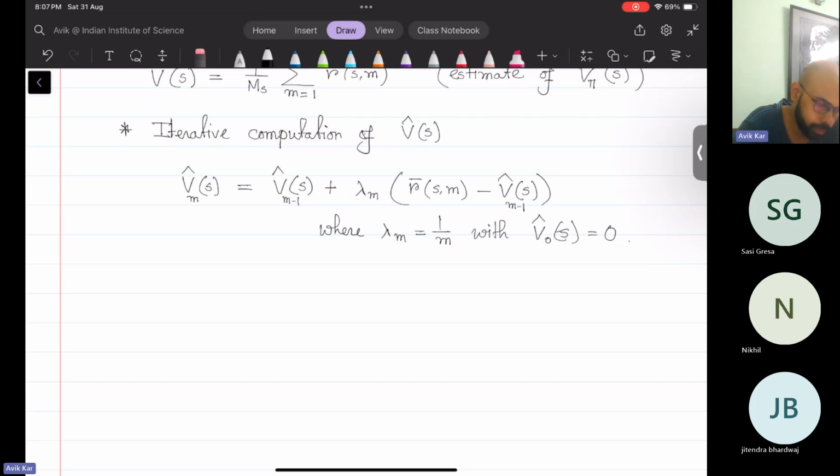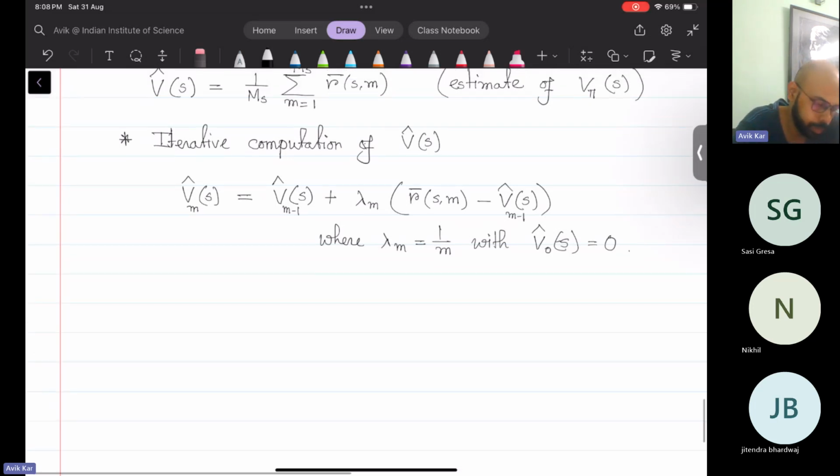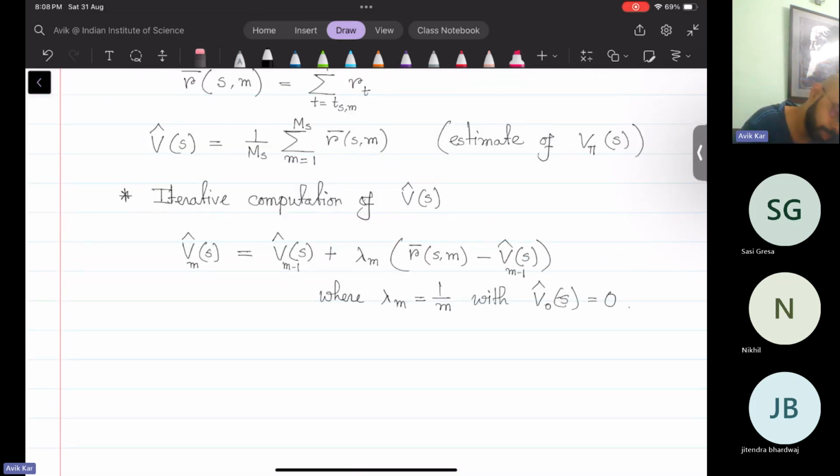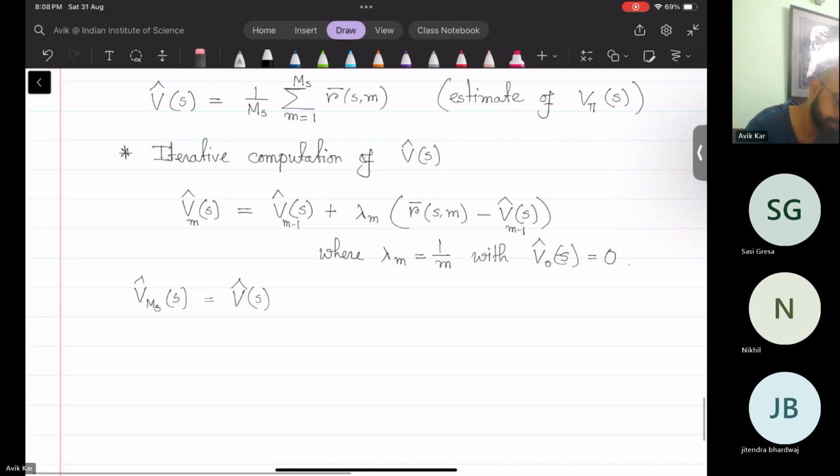You'll see that if we compute this, then at the end V hat(s) will equal V pi(s).